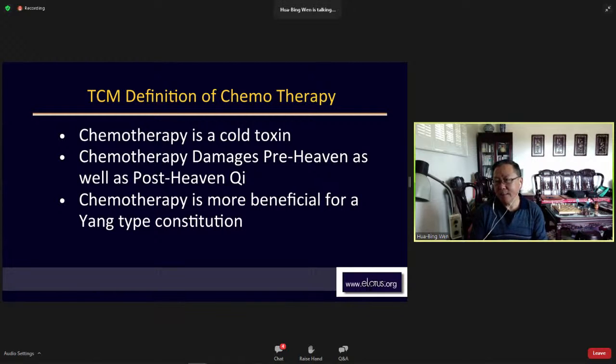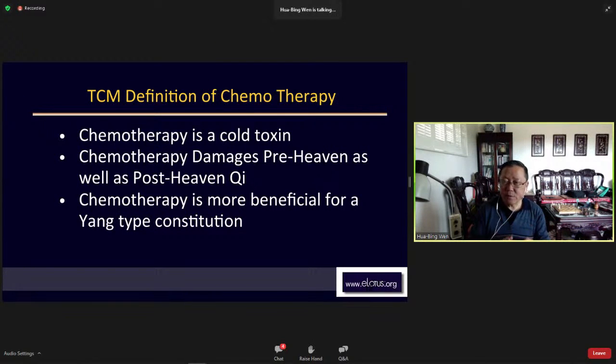So all that is like when you have a cold pathogen, cold toxin attacking the system. And to make it very simple, there are basically two areas: chemotherapy damages pre-heaven as well as post-heaven qi. Pre-heaven, kidney; post-heaven, spleen, stomach, middle jiao. So that makes it easier to understand.